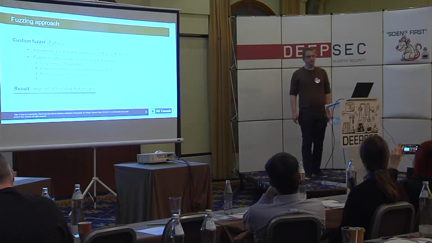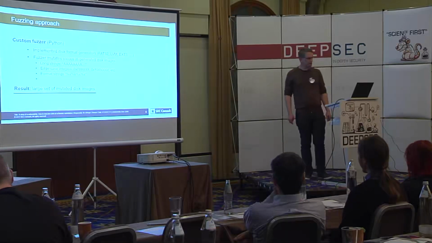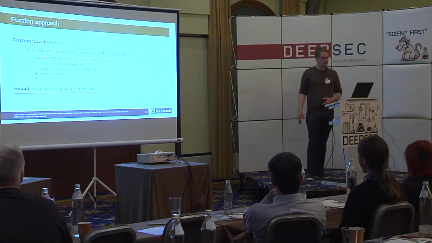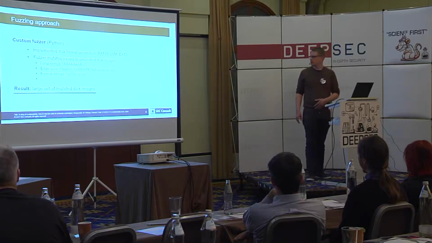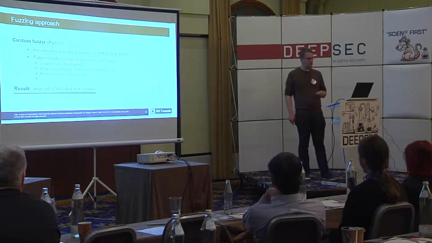So in order to find vulnerabilities, we implemented our own fuzzer in Python. We implemented generators for all sorts of different disk formats, for example FAT32, LVM, X3, MBR, GPT, so partition tables.